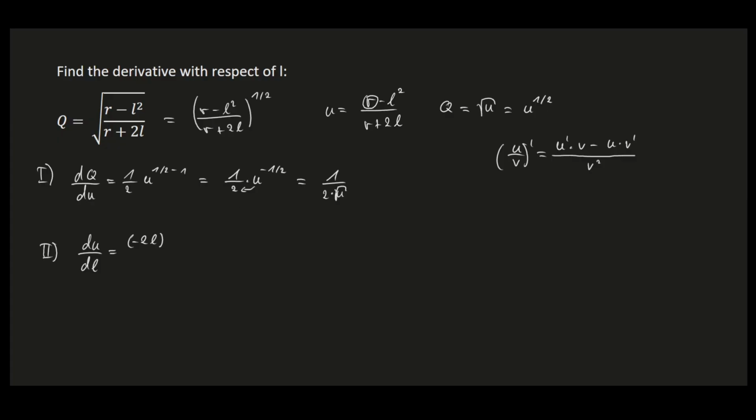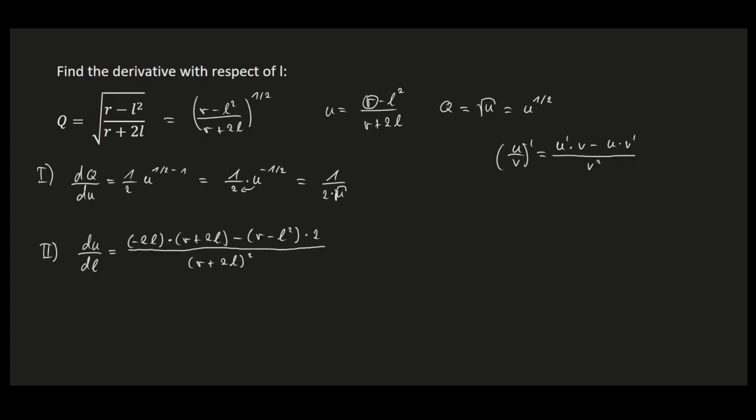And the denominator will be multiplied, minus r times the denominator differentiated, which is just 2, and over the denominator squared, r plus 2l squared.